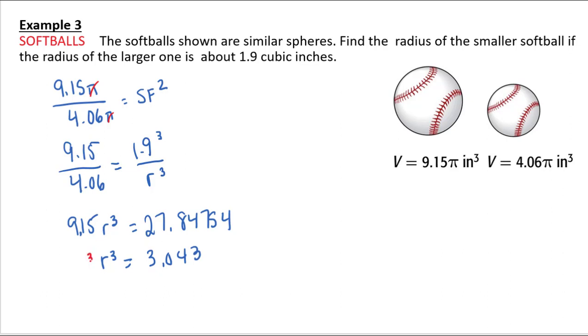And then remember, we cube root. So we get our radius to be 1.45 inches. And there's a typo in here. The radius of the larger one is just 1.9. That cubic inches shouldn't be there. This is not a good lesson for me today. There's all kinds of mistakes.